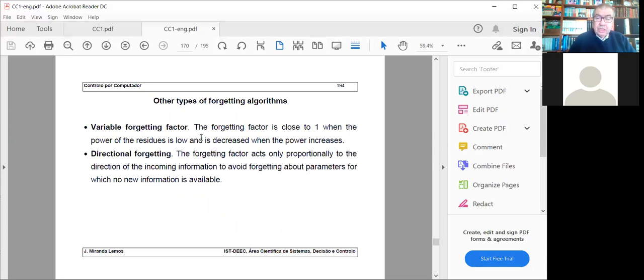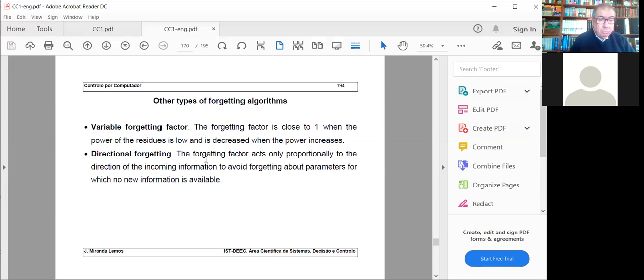Actually, it's an exponential convergence. When time progresses, the error goes to zero in an exponential way. Instead, with directional forgetting, this is not so. So directional forgetting algorithms do not have errors that converge to zero exponentially.